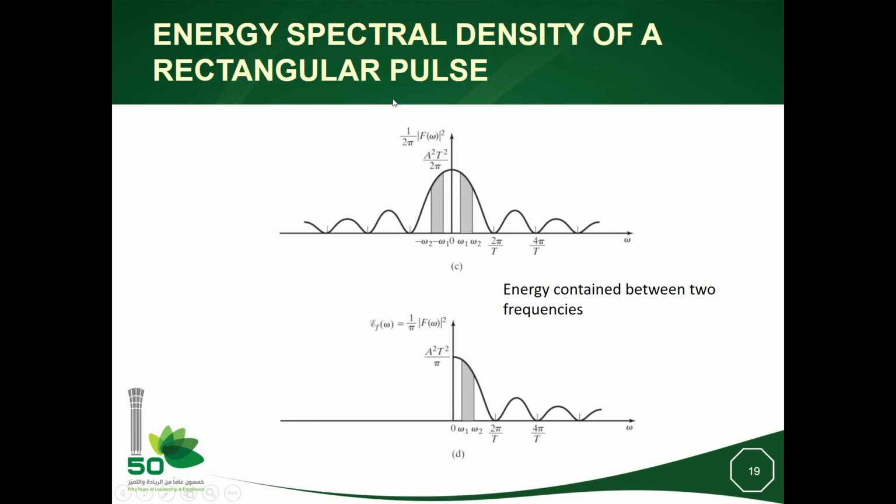This is what we call E_F. When we take the integral from 0 to plus infinity, we restrict only this part of the function, which is 1 over 2 pi, the magnitude squared of F(omega). So this is the E_F of omega.